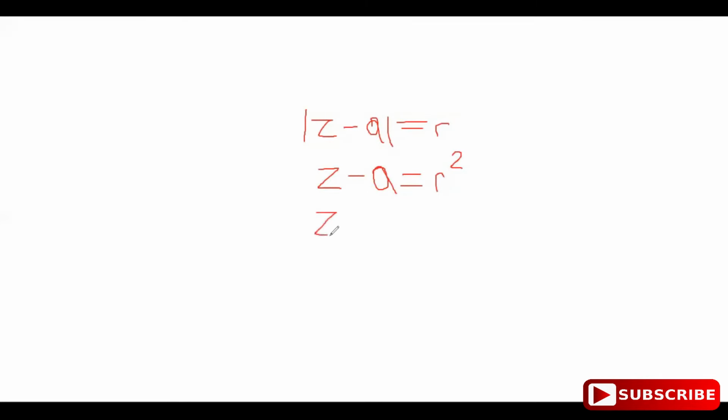So this is really z minus some complex number. Let's call it px plus qi, and that's equal to r squared. And so z is equal to r squared plus px plus qi.